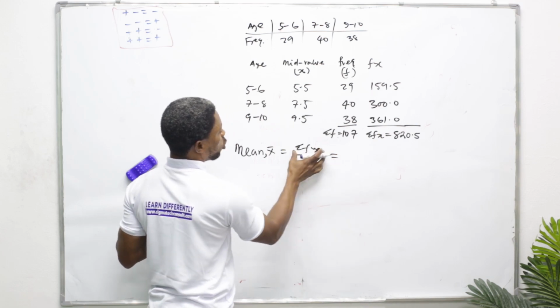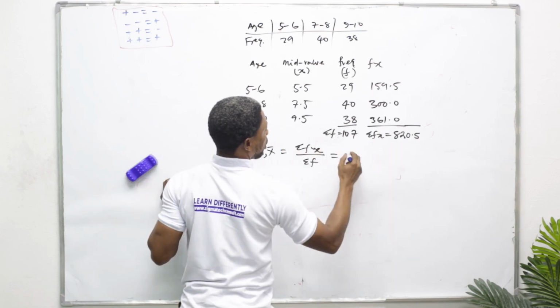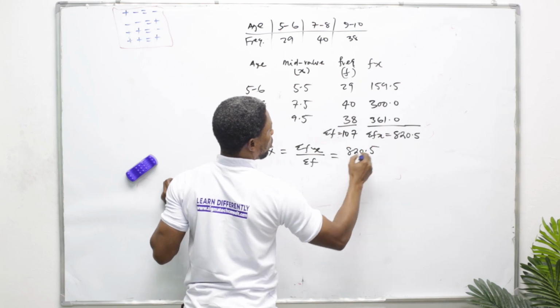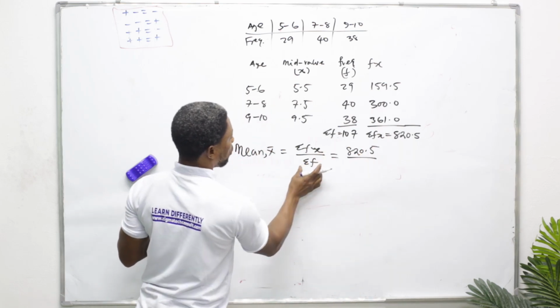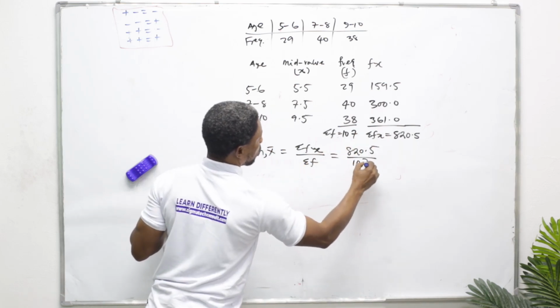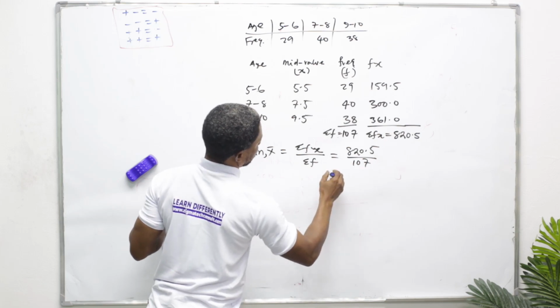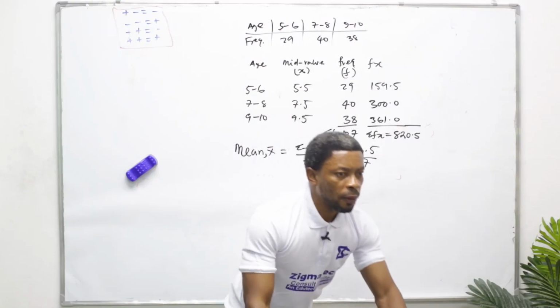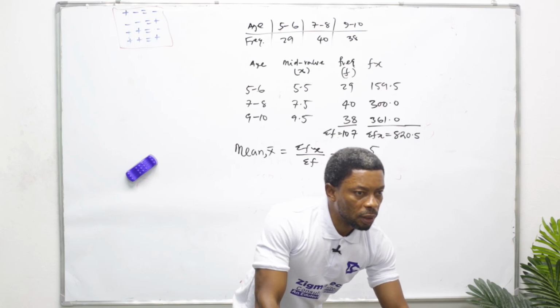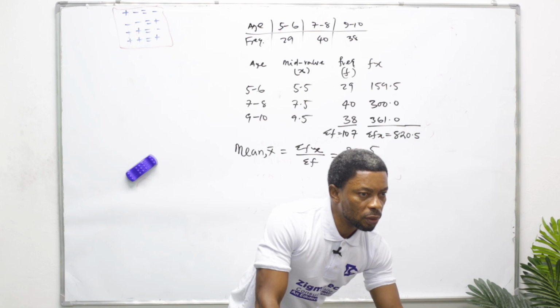Sum of f. So sum of fx means this addition here, 820.5, and sum of f means this addition here, 107. So let us divide 820.5 by 107.